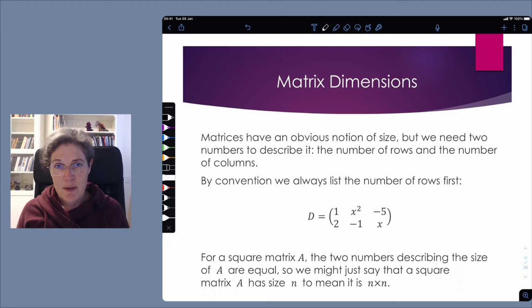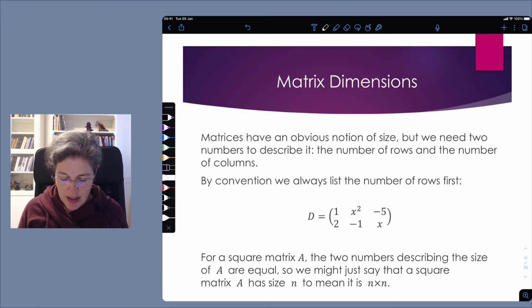So obviously our matrices can be any size, so we want to be able to talk about the size. And we're going to need two numbers to describe that. We need to know how many columns and how many rows. And simply by convention, we always list the number of rows first.